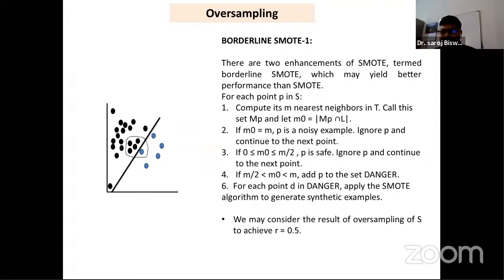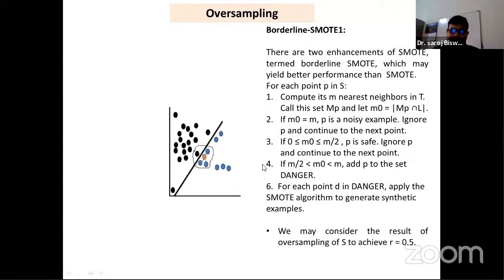That's the working principle, and to fulfill this working principle, this is the algorithm. So in this case, this condition is satisfied, and this sample is not considered for further processing.